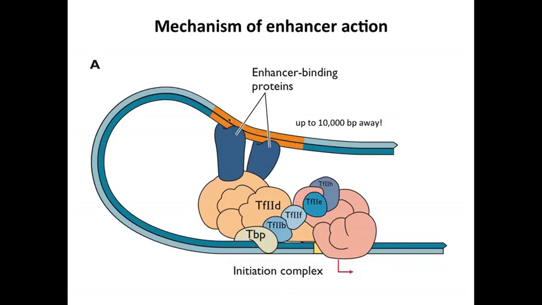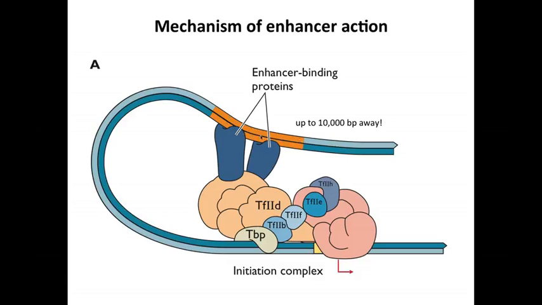The enhancer is a sequence which is hundreds to thousands of bases upstream, but nevertheless, it can interact with the initiation complex because we think the DNA bends. And remember, we showed how the initiation complex causes a bend in the DNA, and that may be in part to establish this configuration. So there are specific proteins that bind the enhancer sequence, which is shown here in orange.